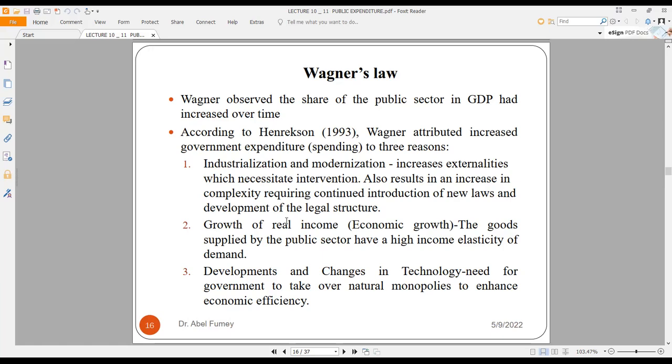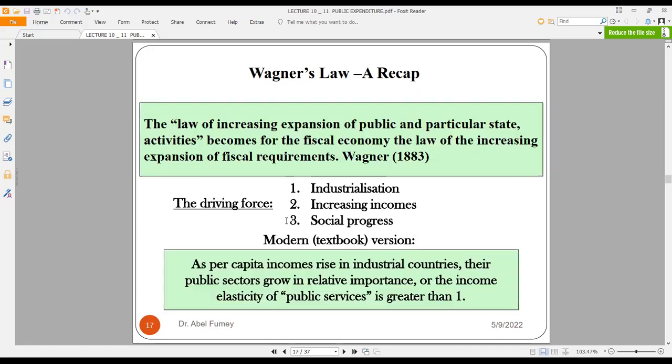So the government will at times even have to take over these natural monopolies and produce the goods and services by itself, just to enhance economic efficiency. By doing so, it causes an increase in expenditure.